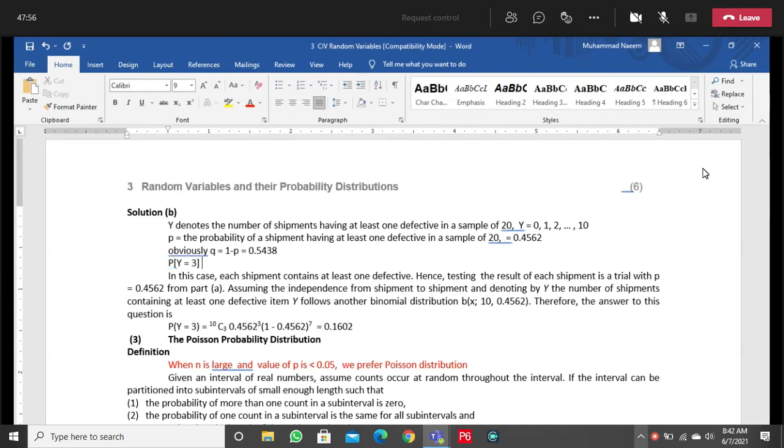Now come to the requirement. We need the probability for Y equal to 3. Now this is very much clear. We are drawing a sample of 10. 10C3 is the coefficient, P power 3 and Q power 7. This is our answer.